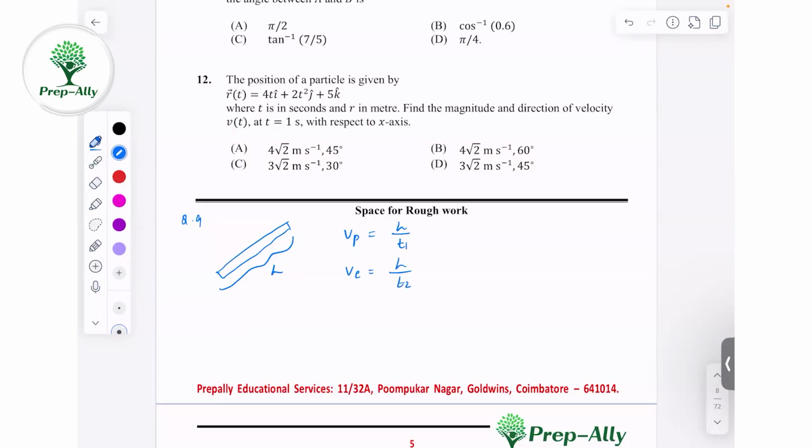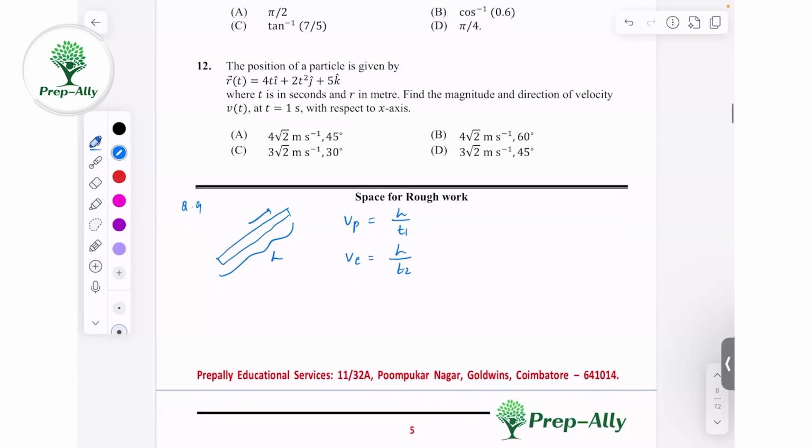Now, what happens when both the escalator and Preeti are moving? Preeti is walking on the moving escalator. The escalator goes up and she also walks on the escalator. What does that mean? She's now going to reach the destination much more quickly. So the total speed is going to be the speed of Preeti plus the speed of the escalator. When they are both moving, let us say they take a time of T to cover the length of the escalator.